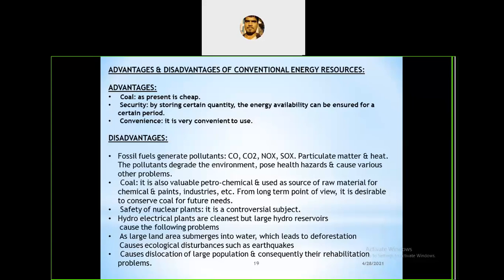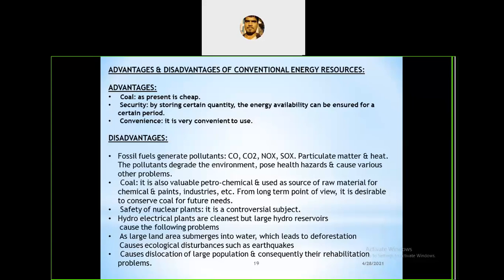Hydroelectric power plants are cleanest, but large hydro reservoirs have major problems. They require large areas of land and large submerged water. Deforestation, geological disturbance, earthquakes, these are all caused by these conventional energy sources.